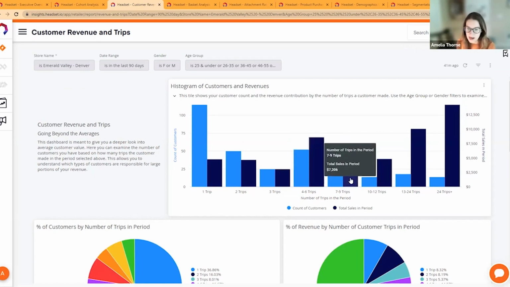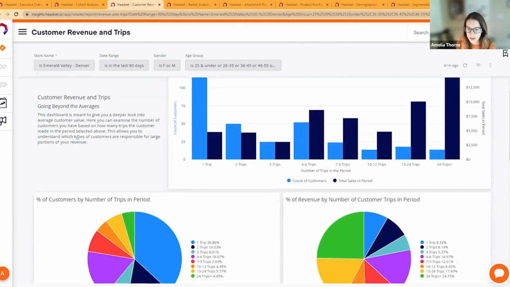Same with 7 to 9 trippers. There's only 24 customers that are coming in 7 to 9 times in the last 90 days, but they're bringing in $7,000. So that's where we can start to look at the difference between those trips and see how much revenue they're bringing in the more often they come into the store.